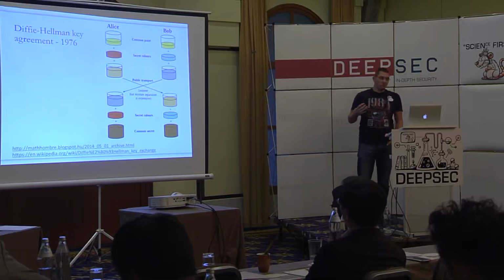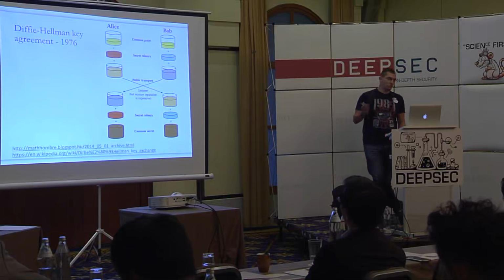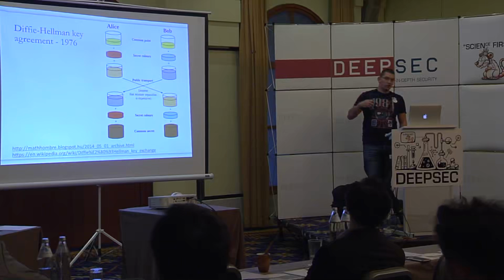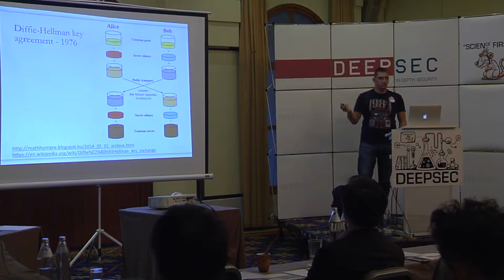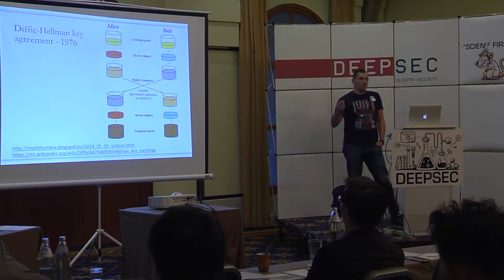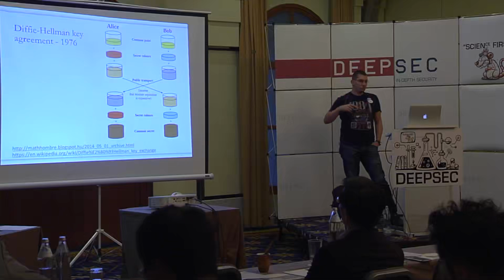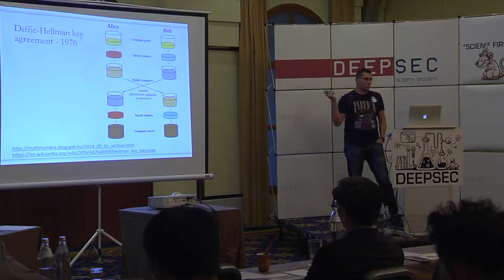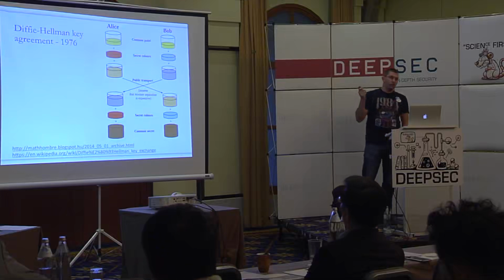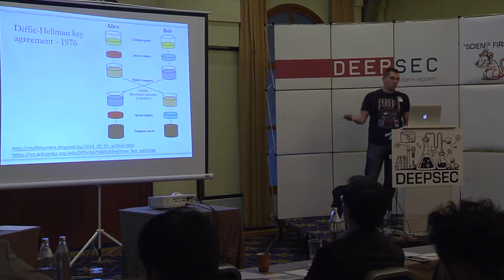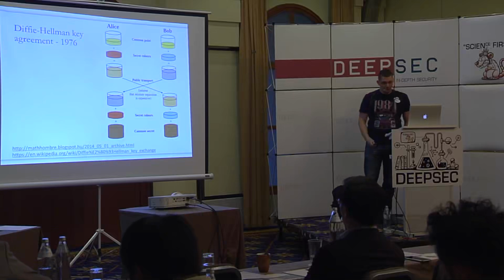I know that it can be done, but let's just assume that this is a hard problem. Now they both have their secret colors and the color they got from the other party. And now if they mix it, they will reach their common secret, which is something like brown in this example. And now they can use this common secret, for example, as a shared secret key for communication.